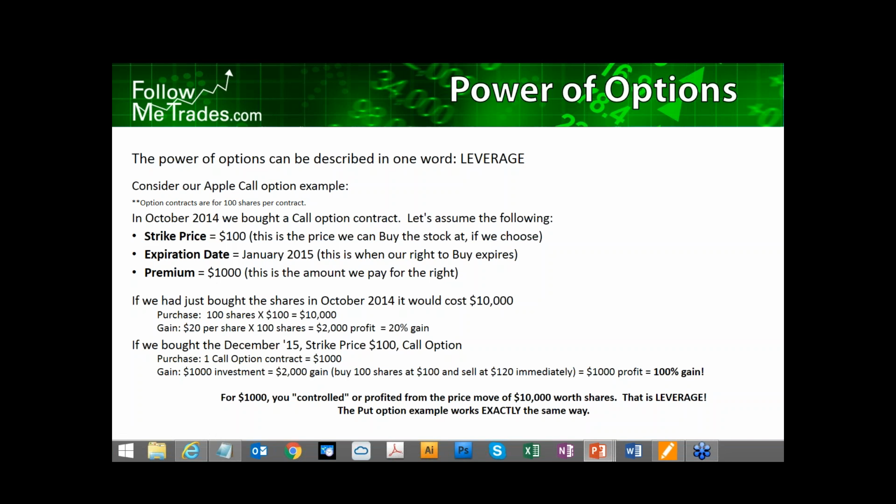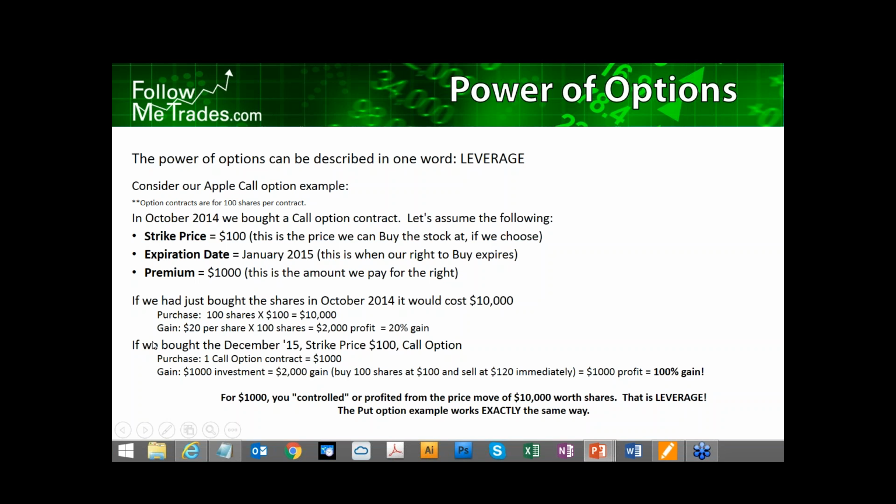We have an expiration date. We thought by the end of the year, so we bought a contract with an expiration in January. That seemed like the right timing. And the premium, we paid $1,000 for the contract, for the right to buy 100 shares of Apple at $100.